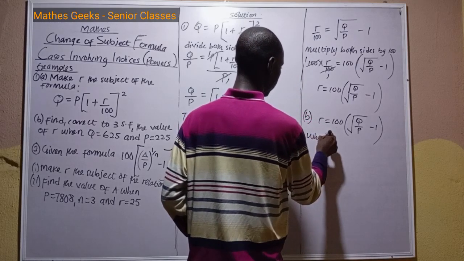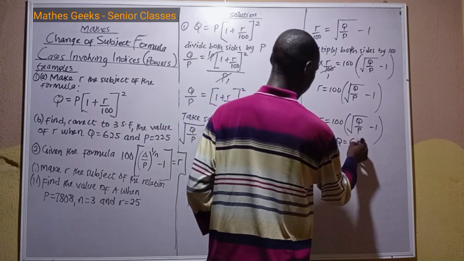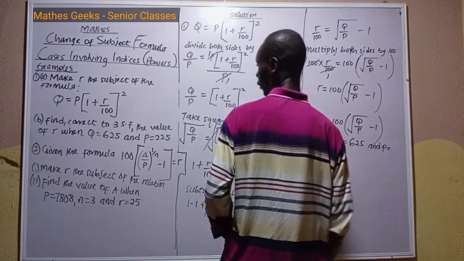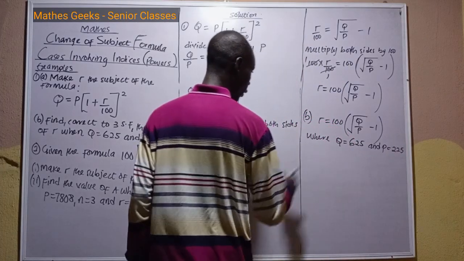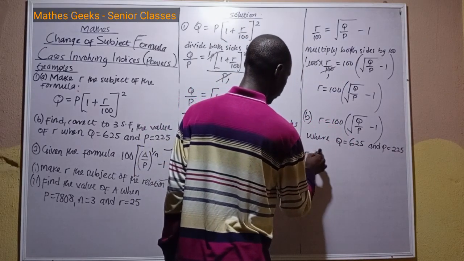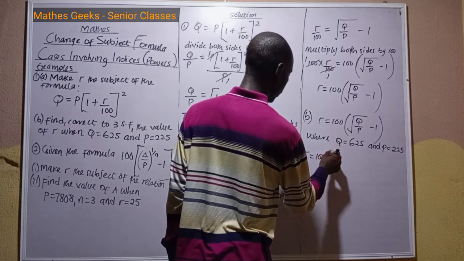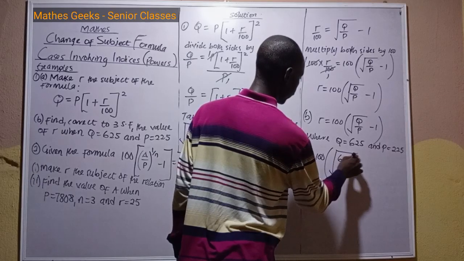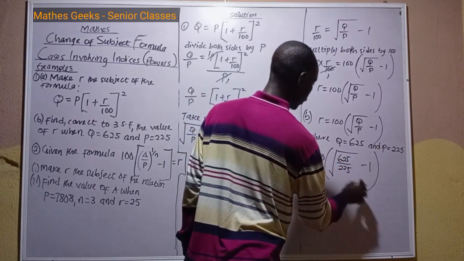So therefore R will be 100 times the square root of 625 over 225 minus 1.